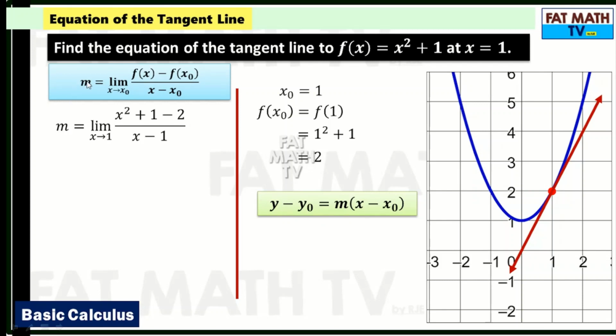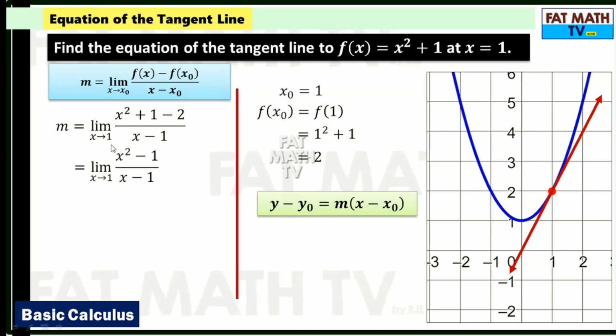Let's go back to this formula of the slope of the tangent line, the limit of f of x, so x squared plus 1, minus f of x null, which we solved is 2, so minus 2, over x minus x null, which is 1, as x approaches 1.